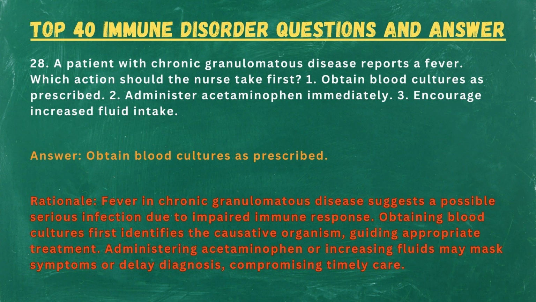Rationale: fever in chronic granulomatous disease suggests a possible serious infection due to impaired immune response. Obtaining blood cultures first identifies the causative organism, guiding appropriate treatment. Administering acetaminophen or increasing fluids may mask symptoms or delay diagnosis, compromising timely care.